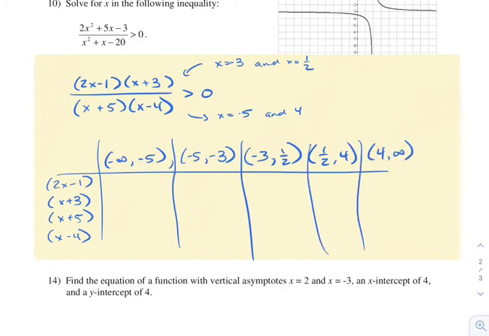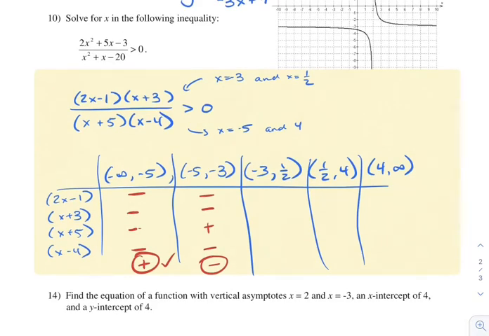So it's going to be some of these intervals. Remember, in this case, we're looking for ones that are positive because I want to know when it's greater than 0. So let's write our numbers. If we have big negatives, these are all negatives, which results in a positive. So that's part of our answer. Next one, a number like -4. That results in a negative. That's not part of my answer.